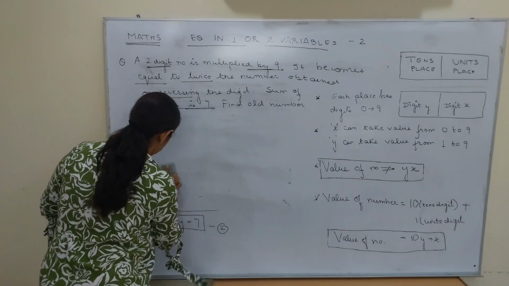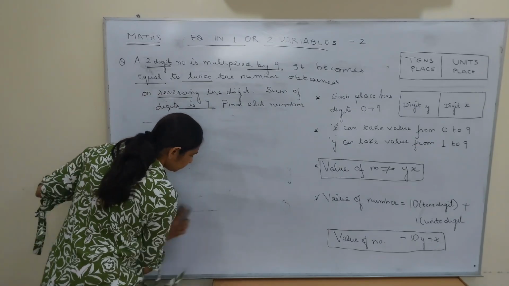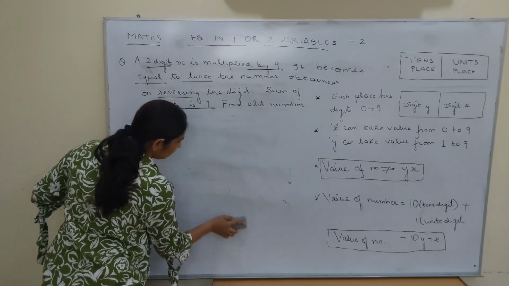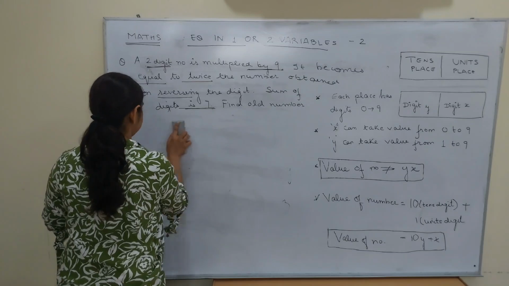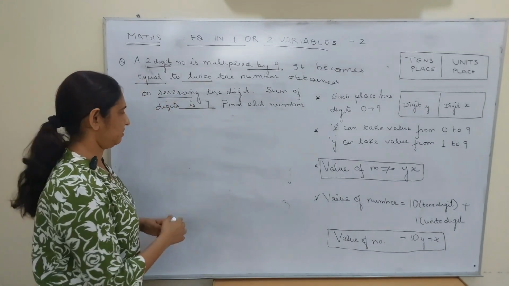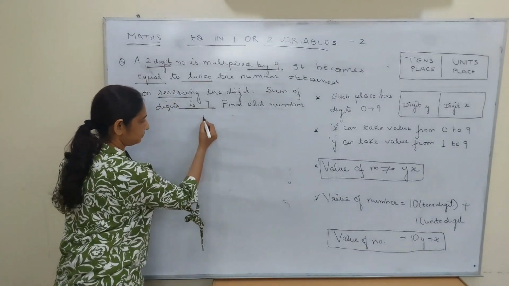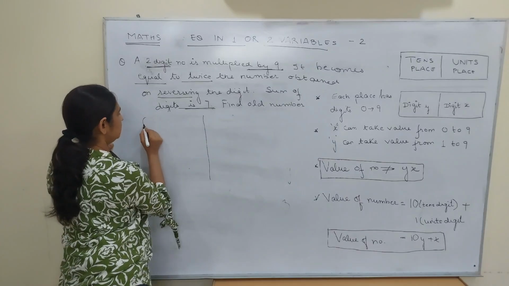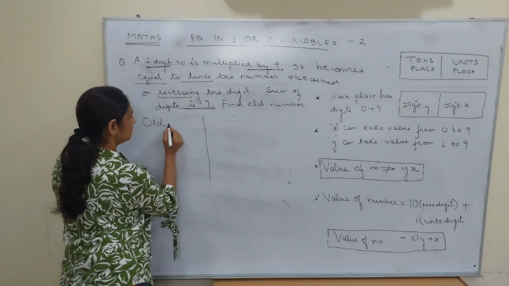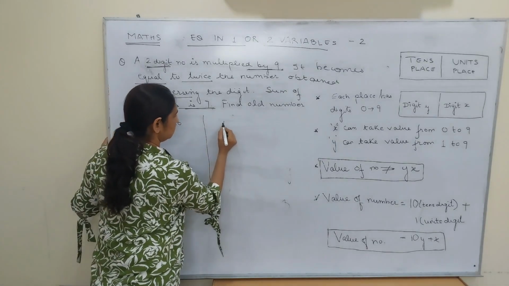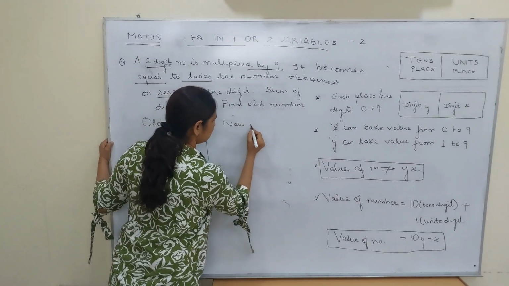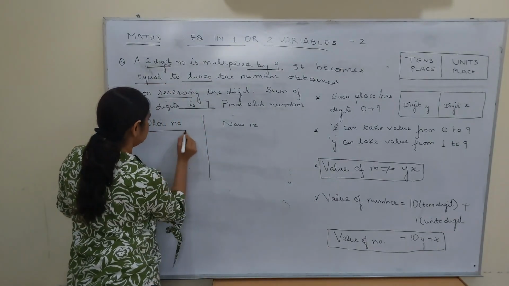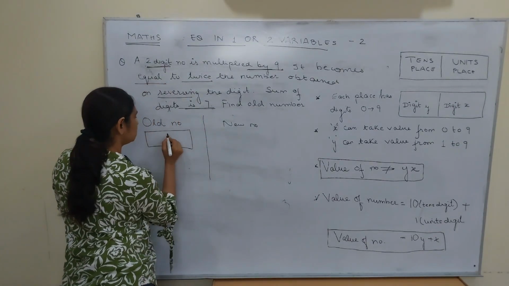Okay, now we'll do the same question with one variable. There's a difference in how we proceed for one variable and two variables. Basic concept remains same, but still. Again, the old number and the new number. We'll make this 2-digit box.